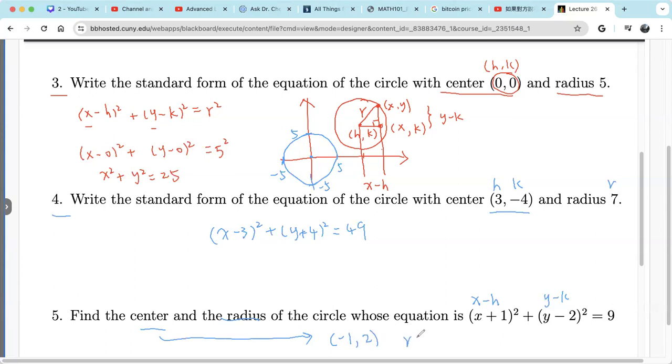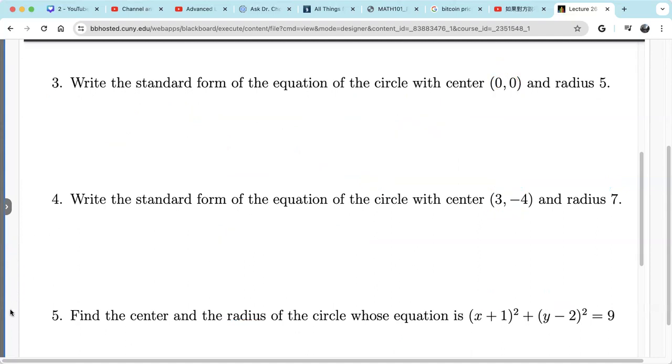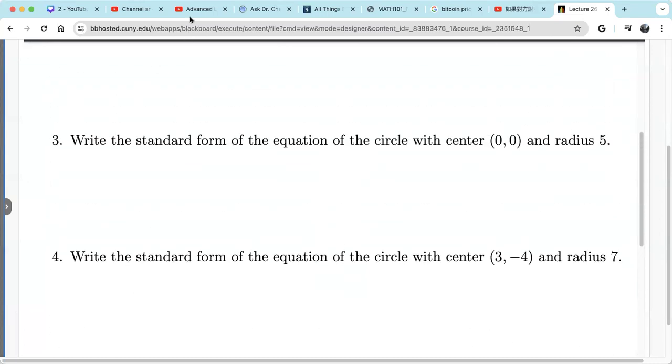And the radius r is the square root of 9, which is 3, since 9 is 3 squared. Okay, that's all. That's the lecture notes of 26.